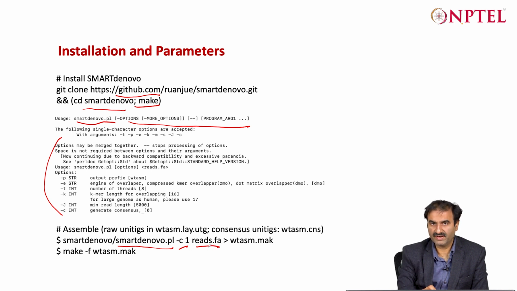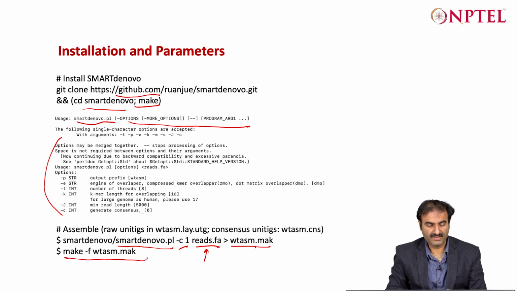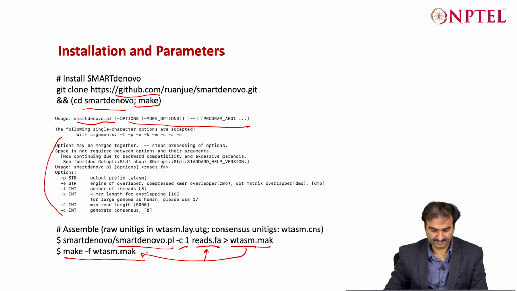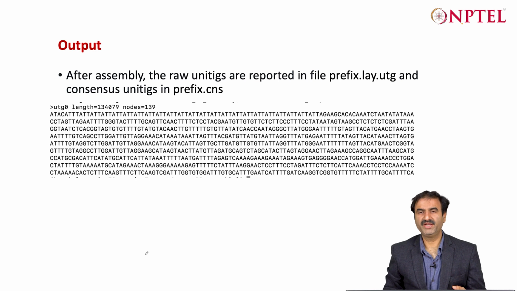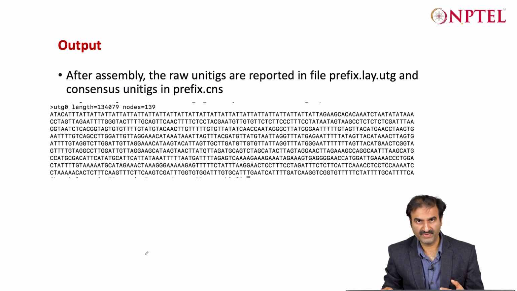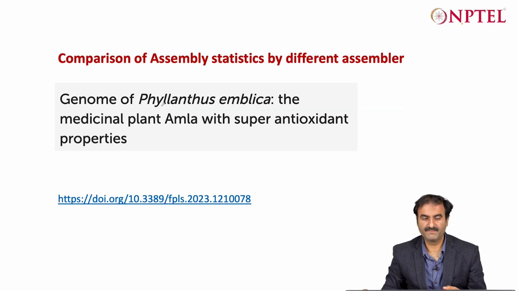The read input file is read.fa, and this is the output file, and on this output file you will do make -f with the output file name that you generated, which will build the final unitigs for you. Okay, unitigs are pre-contigs, which can be converted into contigs later. So this is unitig 0, its length, and the node from which it is got.